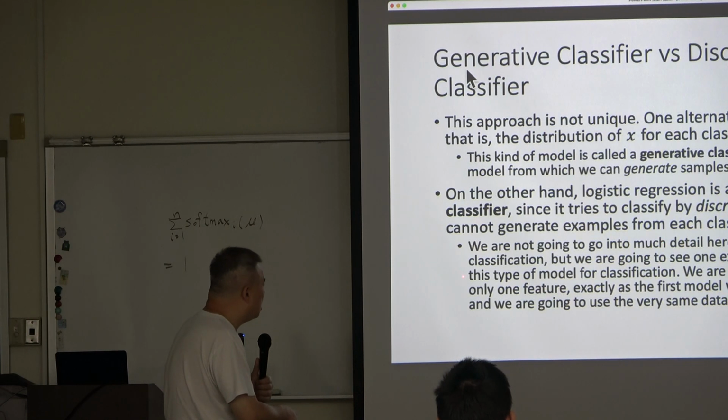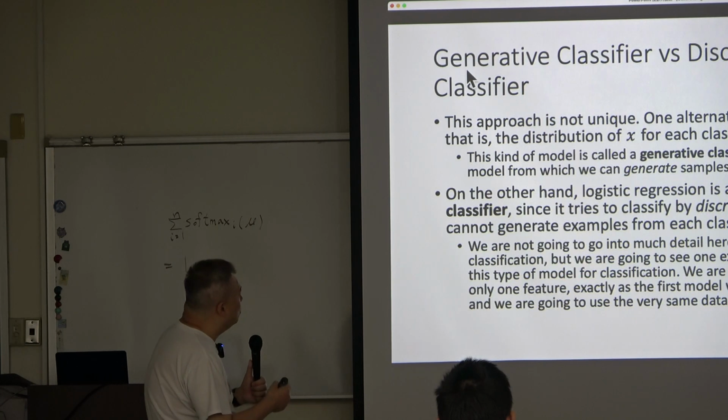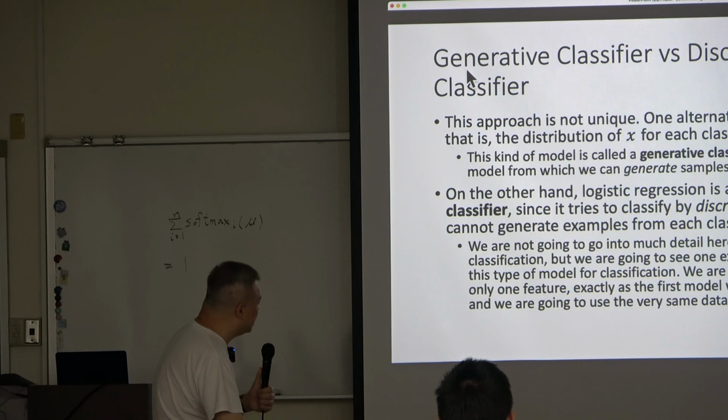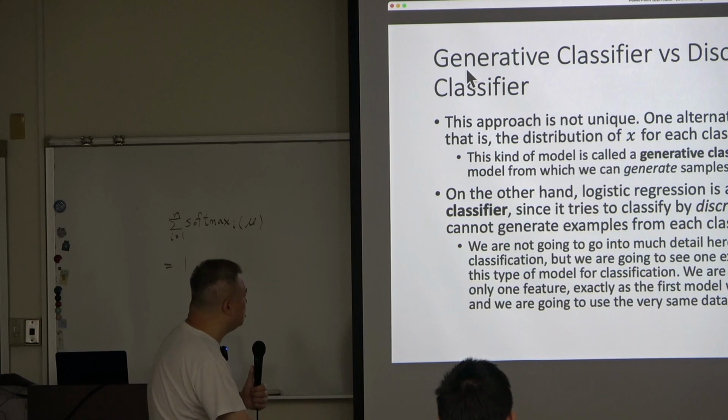We are not going to go into much detail here about generative models for classification, but we are going to see one example that illustrates the core of this type of model. We are going to do it for two classes and only one feature to keep our case simple.